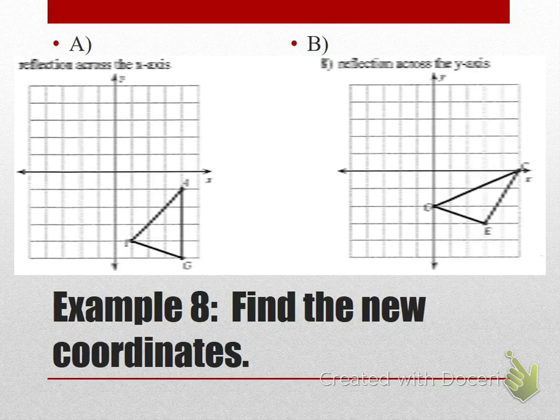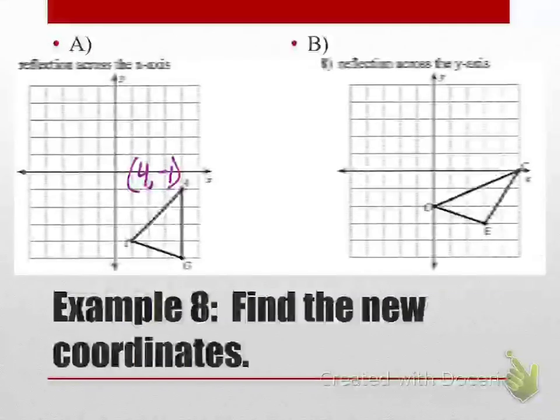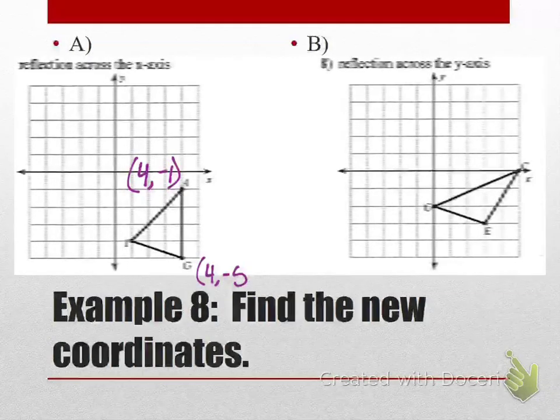So, letter A, what are these points? Is it A, G, and T? A, G, and I. Okay. What are the coordinates of A? 4, -1. What about G? 4, -5.